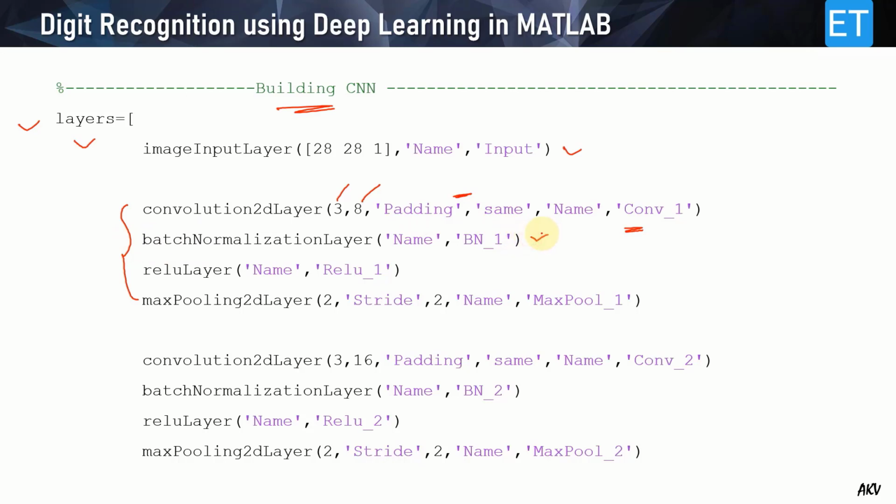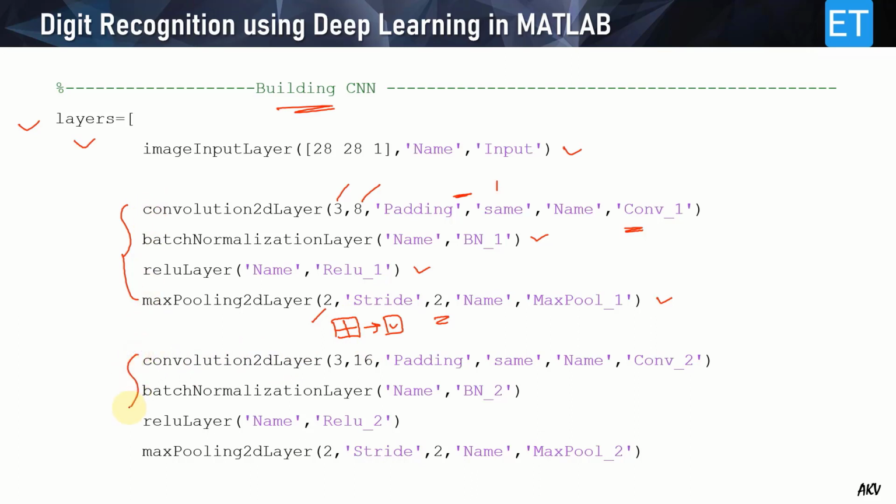After that we have a batch normalization layer, then the ReLU layer, and then the max pooling layer. In the convolution 2D layer I have not given the stride, so the default stride is 1, but in the max pooling layer the stride is 2. Obviously it will reduce the size of the output, and the size of the max pooling is 2 by 2. So at once it will take 4 values and convert them into a single value, as I explained in the previous slide.